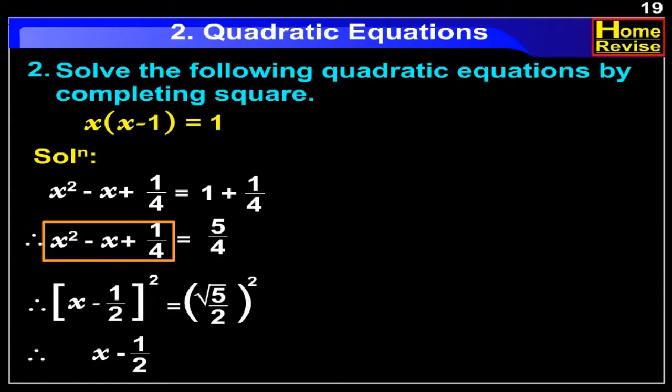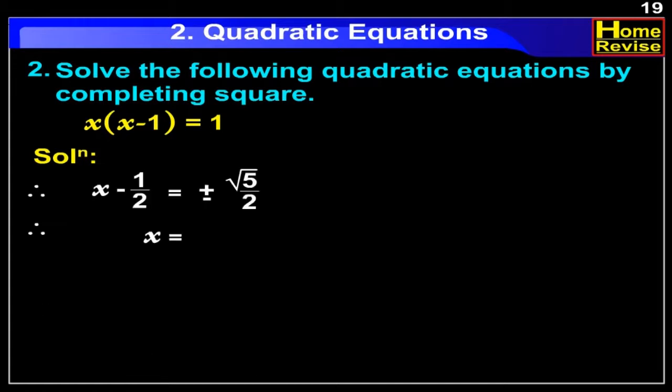Therefore, x minus 1 upon 2 is equal to plus or minus root 5 upon 2. Therefore, x is equal to 1 upon 2 plus or minus root 5 upon 2. Taking 2 as a common denominator, we have x is equal to 1 plus or minus root 5 upon 2.